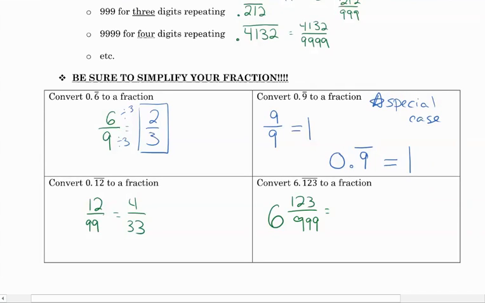Oh, 1 plus 2 is 3. 3 plus 3 is 6. So that is divisible by 3. So if I divide by 3, that would give me 41 over 333. So the final answer would be 6, that whole number, and 41 over 333.